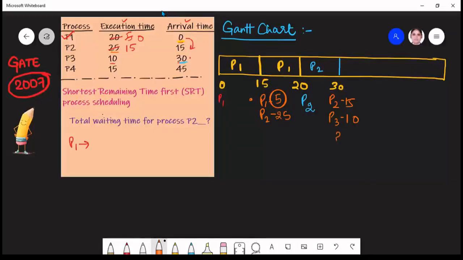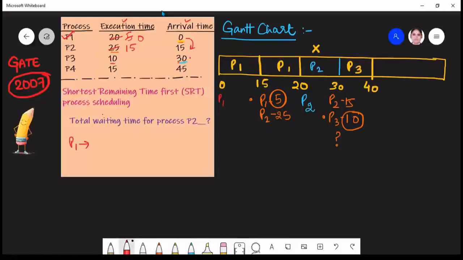Out of both of them, P2 or P3? P3 is going to take the CPU because its remaining burst time is less, that is 10. So P3 is going to preempt P2, and it is going to run for the next 10 milliseconds. 30 plus 10, that is 40.